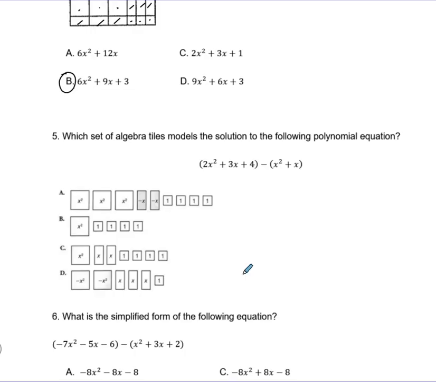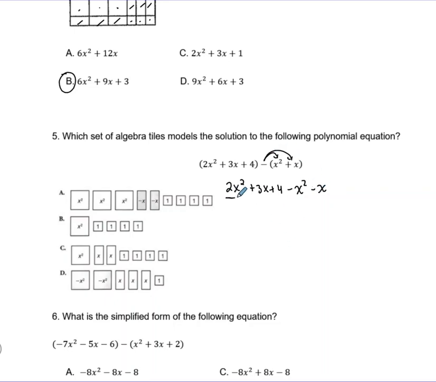Okay, so for this one, I have to do the math here and then pick which algebra tiles match that. Since this is a minus, let's distribute the minus so that we don't mess this up by losing the negative. You keep the first one the way it is, and then take this one, negative x squared minus x, and distribute the negative.